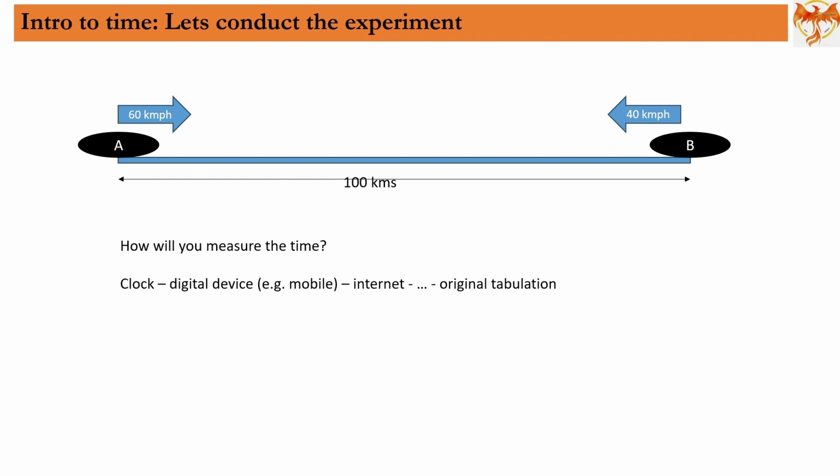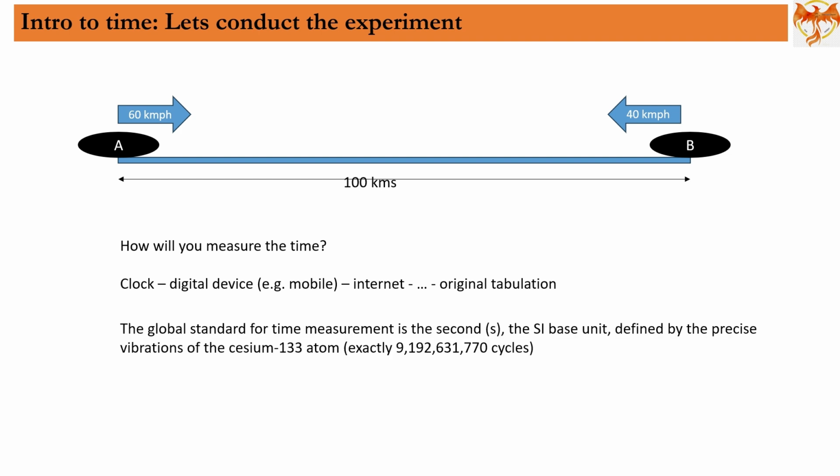They come to the original tabulation, which is basically the global standard for time measurement, which is the second, where the second, which is the SI base unit, is defined by the precise vibration of the cesium 133 atom, a certain number of cycles of it. Now, this is where the problem starts, because the movement of cesium does not actually measure duration, it measures distance or displacement.